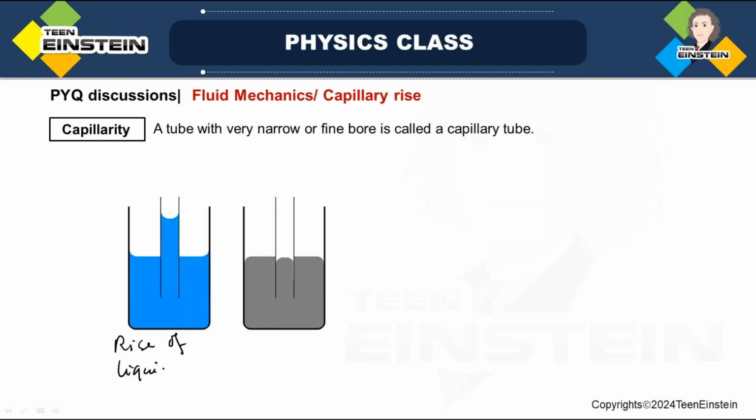So both kinds of action may happen with capillarity: rise or fall of the liquid surface. If you take a fine bore capillary tube and dip it into a liquid which has an open surface, the liquid surface is open to the air or atmosphere in both cases.